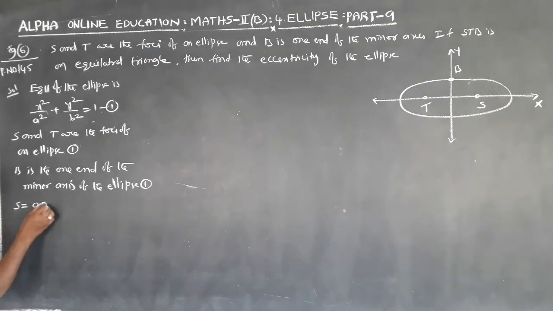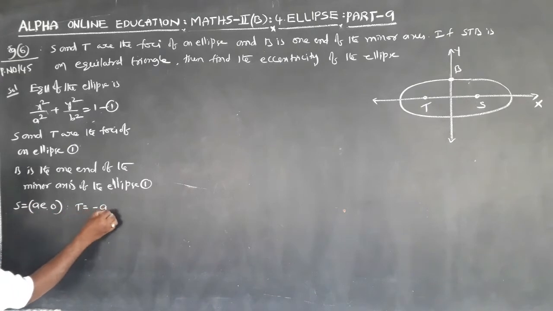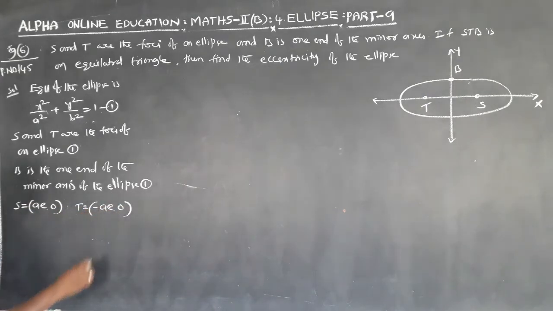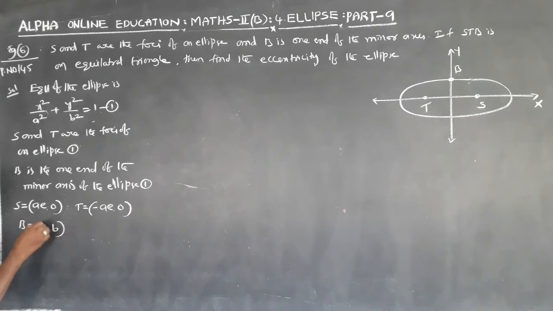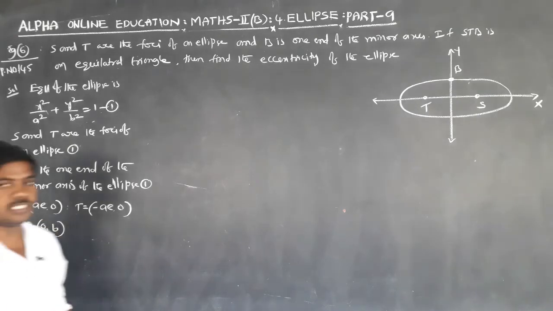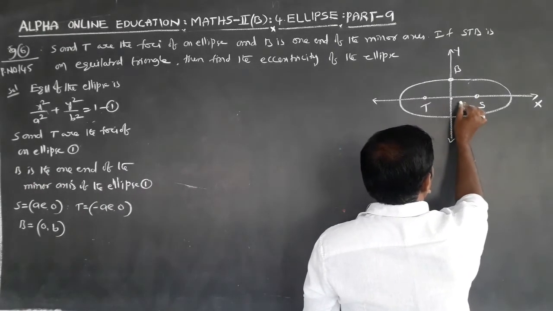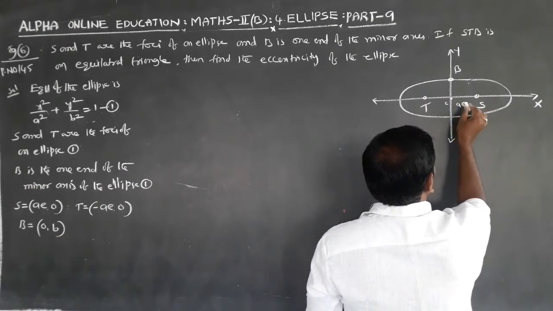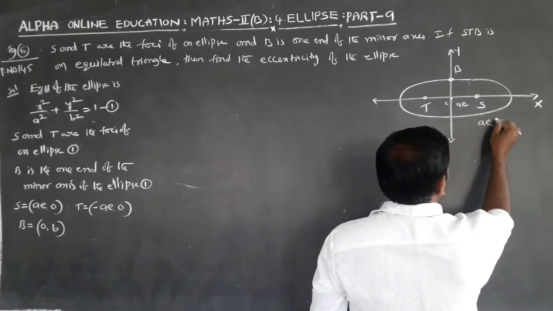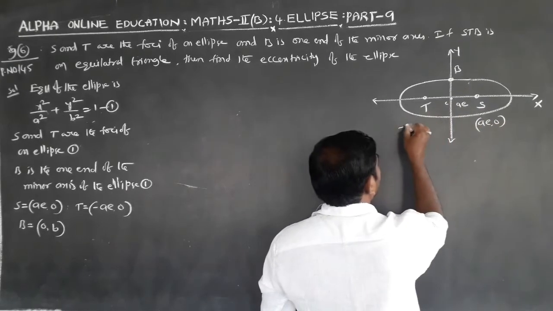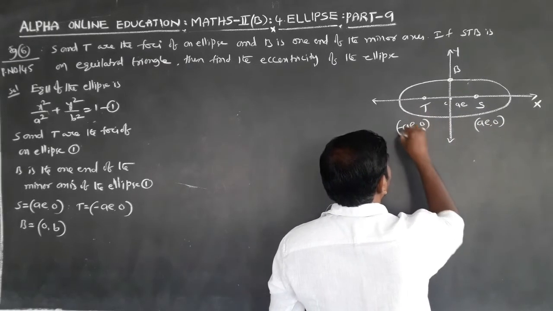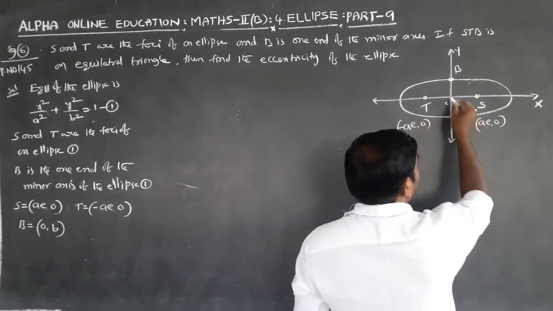Focus S is equal to (AE, 0), T is equal to (minus AE, 0), and one end of the minor axis B is equal to (0, B). This is the center, this is the focus (AE, 0), this is the focus (minus AE, 0).